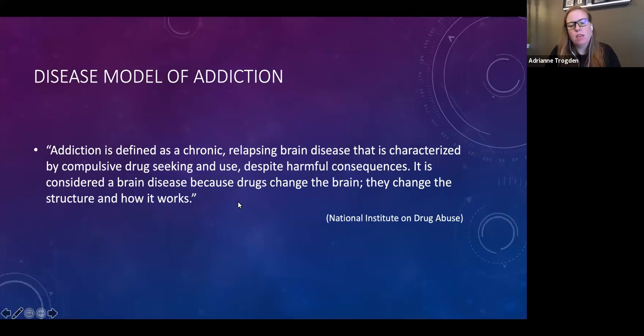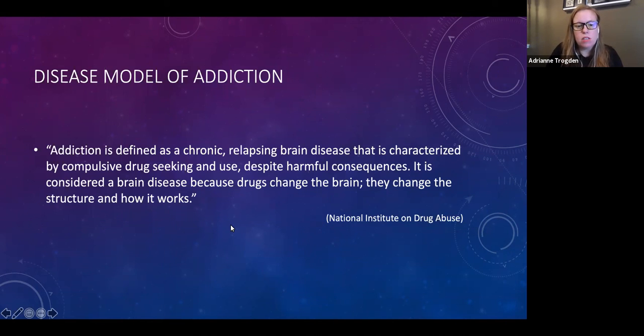Okay, good. So the most prevailing idea around addiction these days is that it's a disease. The National Institute on Drug Abuse, or NIDA, offered this definition: addiction is defined as a chronic relapsing brain disease that's characterized by compulsive drug seeking and use despite harmful consequences.